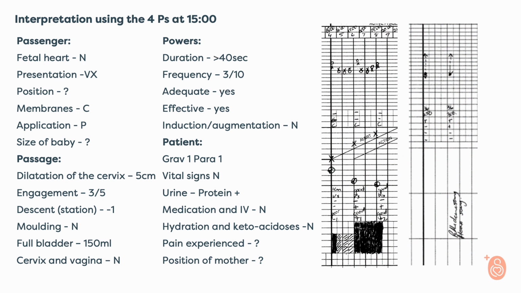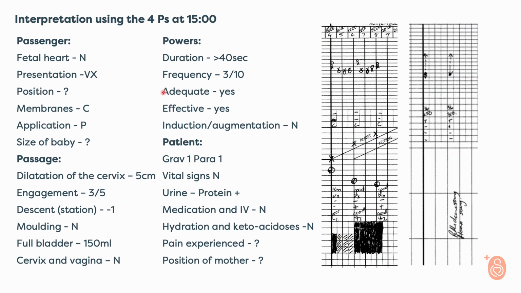Now when we look at the next two P's, the powers and the patient, if we look at the contractions, we see here that there are 3 contractions in 10 minutes, and they are more than 40 seconds long.